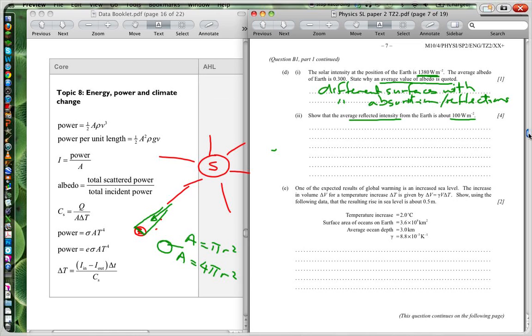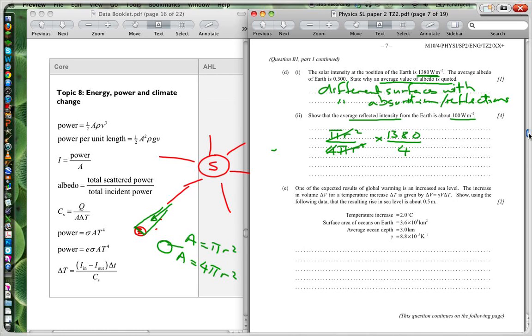We're going to have pi r squared divided by 4 pi r squared, because that's what it's actually distributed over, times 1380. So these cancel out. We actually get a quarter of it, and that's the energy per meter squared on the Earth's surface that's actually coming in.